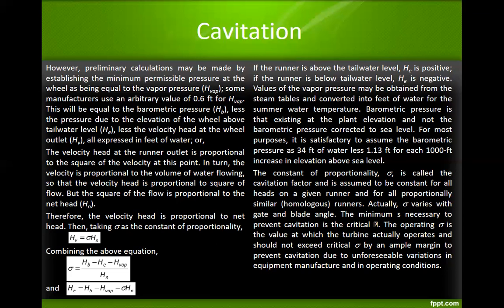For most purposes, it is necessary to assume the barometric pressure as 34 feet, less 1.13 for each 1,000 feet of elevation above sea level.